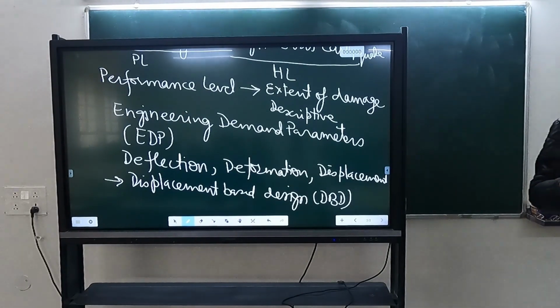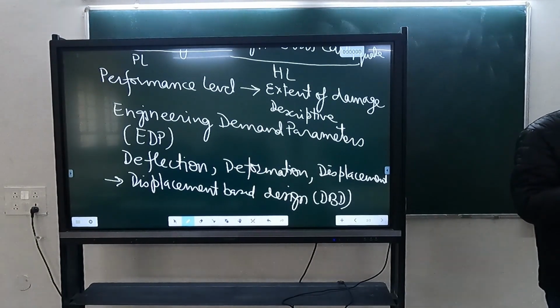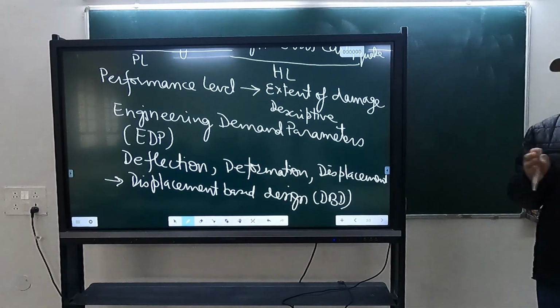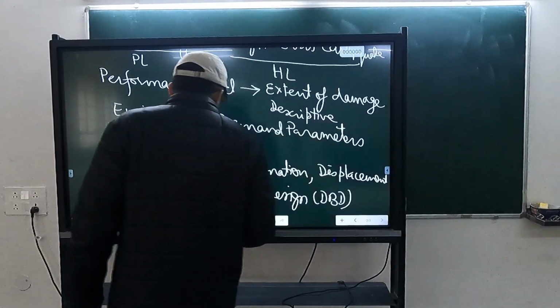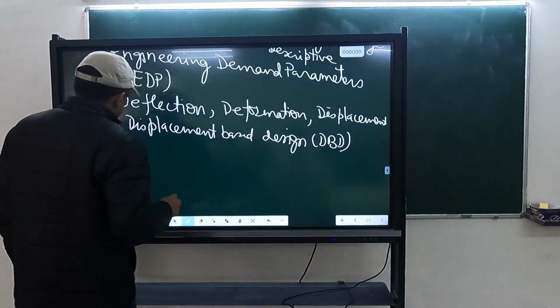So you can't define the behavior of the structure post-yield in terms of force. And that's why force is not a good indicator, an EDP, for defining a performance level. It is the displacement, especially the post-yield displacement or the plastic displacement.